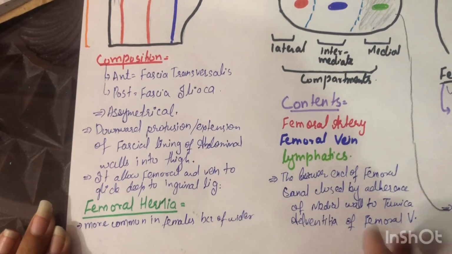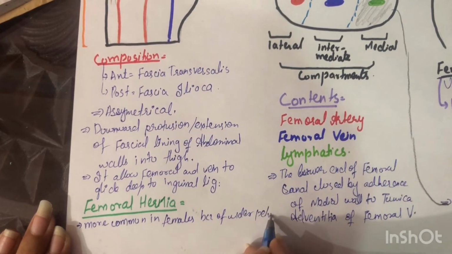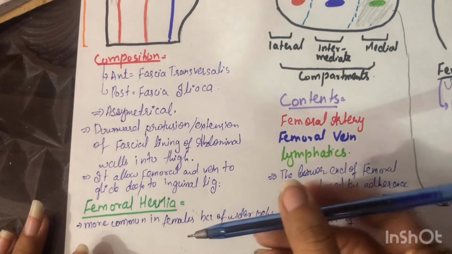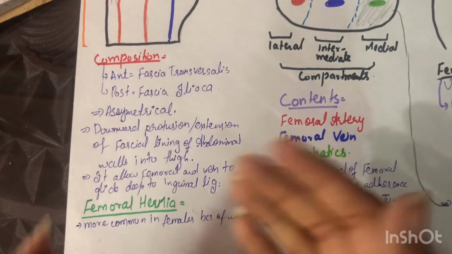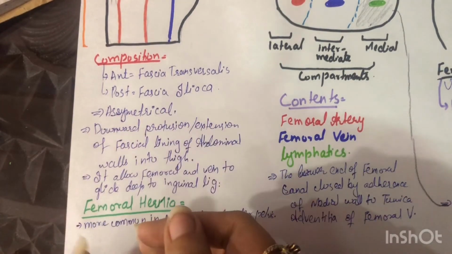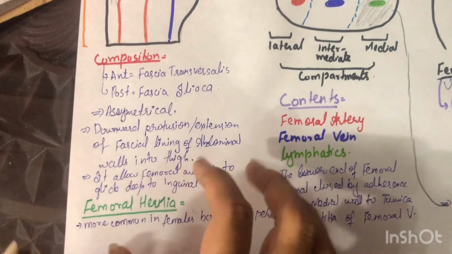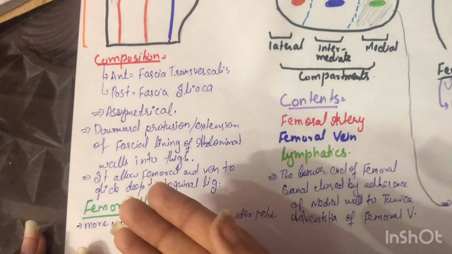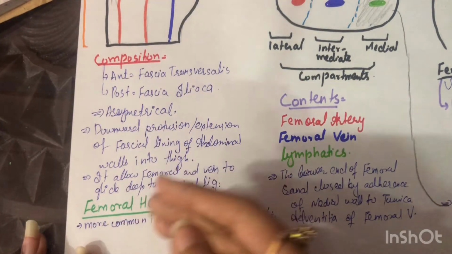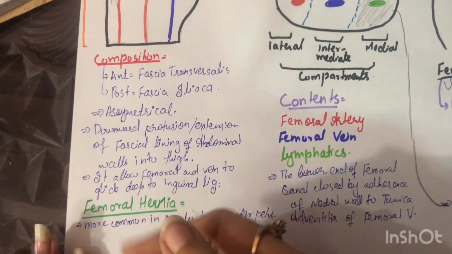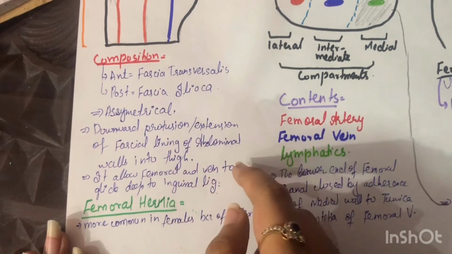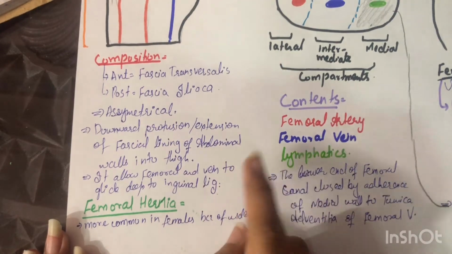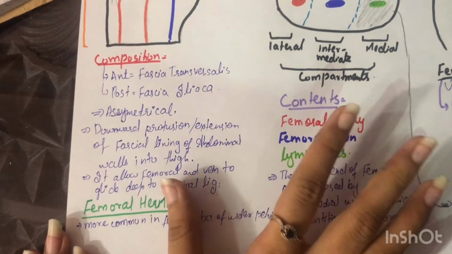Right? Then in the femoral hernia, the internal abdominal pressure rises, and when a person coughs extremely or forcefully, because of the higher internal abdominal pressure, the blood comes out of the body, like vomiting of blood.